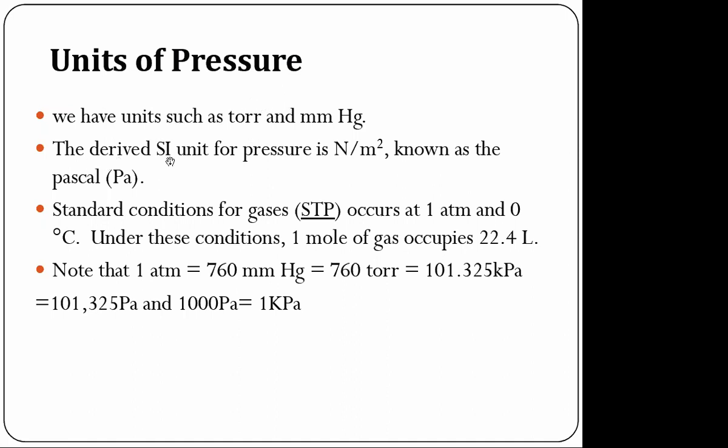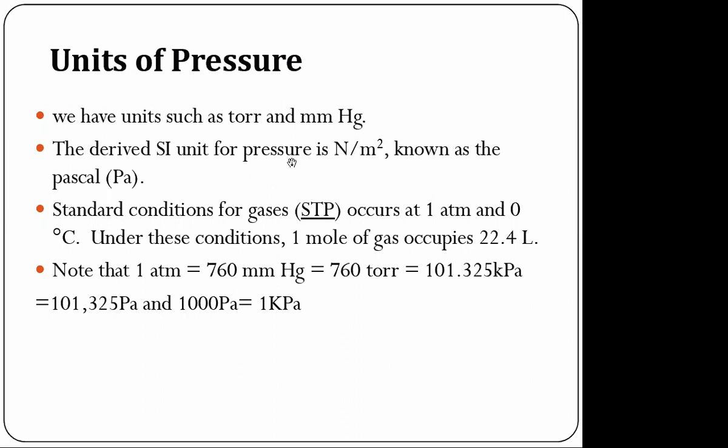There is another unit for measurement of pressure that is a derived SI unit. Derived in the sense that you have SI units that you converted into the derived form. You know that we can measure force in Newton, and we measure area in meter squared.